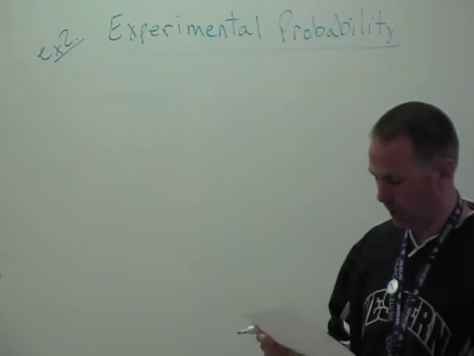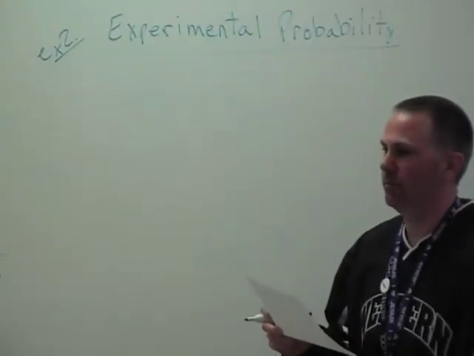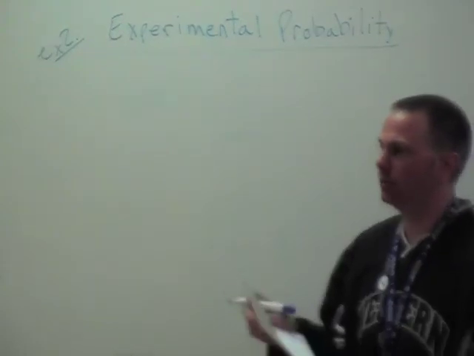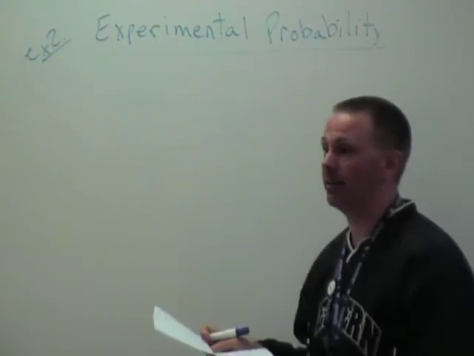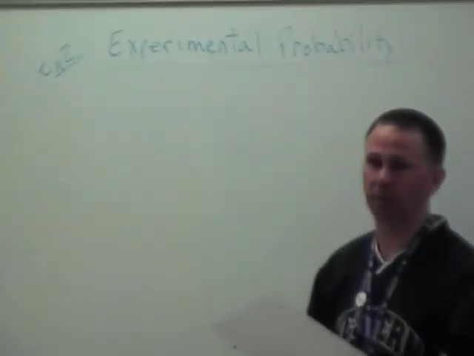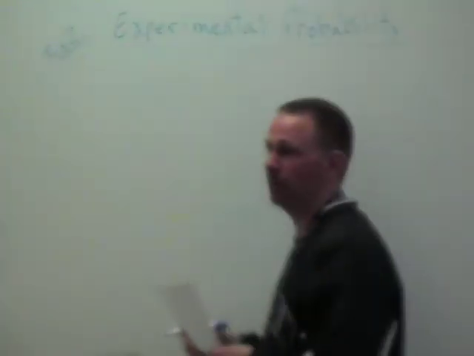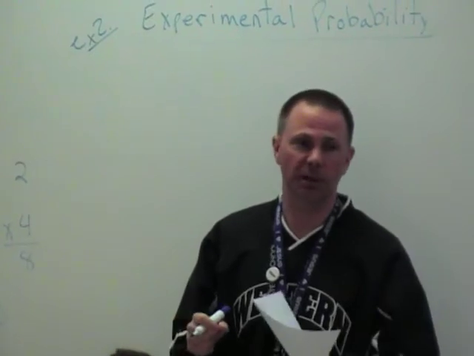Okay, experimental probability. Basically what you're doing is you're taking the actual evidence you have and you're using that to say what's going to happen. So I like to call it future probability. Like the probability that somebody's going to make a free throw.